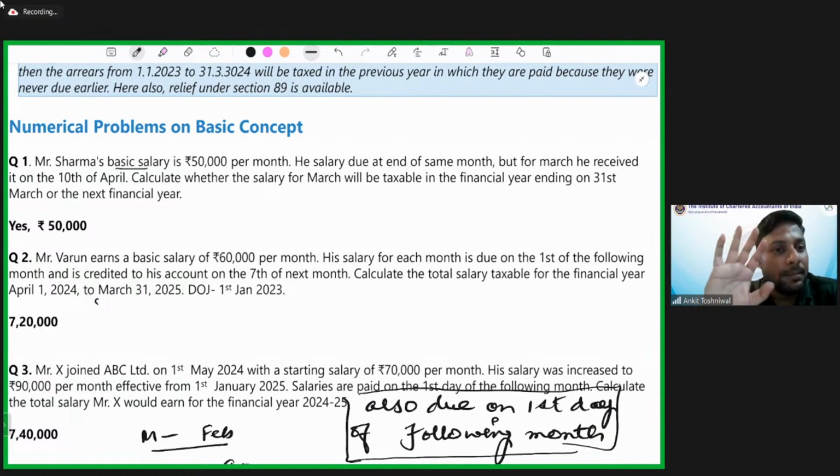For example, Mr. Shah Rukh Khan or Mr. Amitabh Bachchan, both are actors, right? Mr. Amitabh Bachchan works in different films under different banners, I mean production houses, and he's getting the remuneration directly from those production houses.